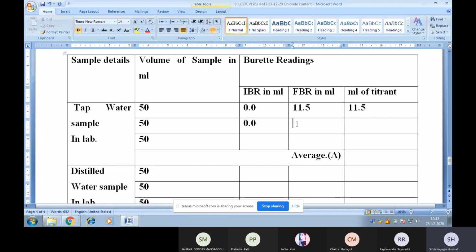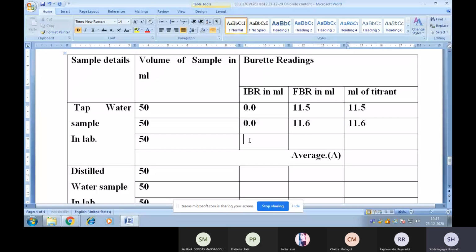Now, the second reading may be 11.6, and the ml of titrant utilized will be 11.6.